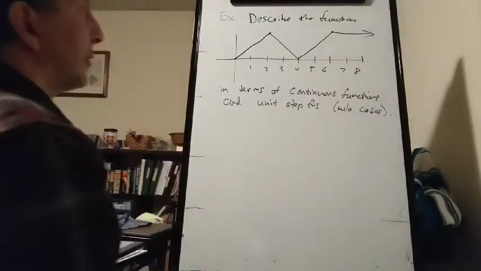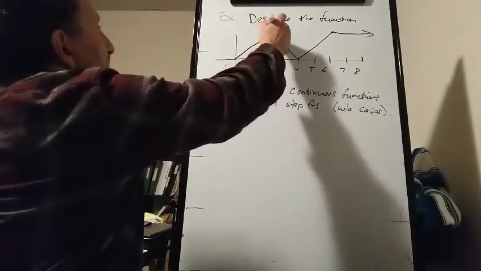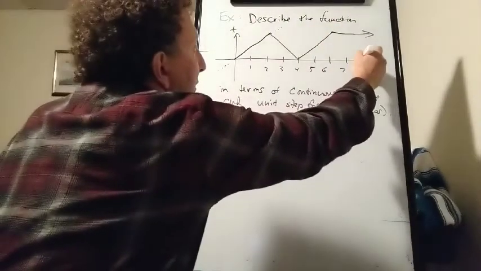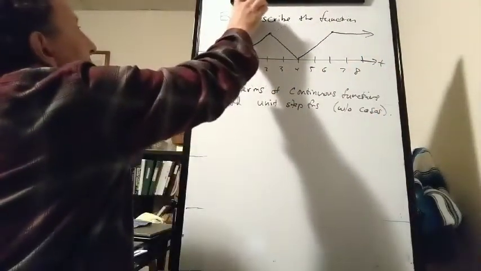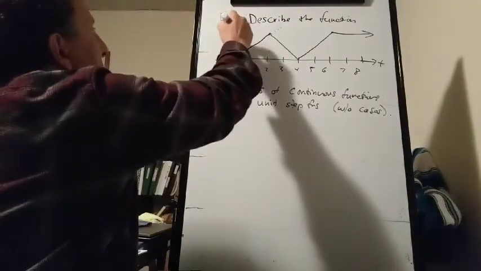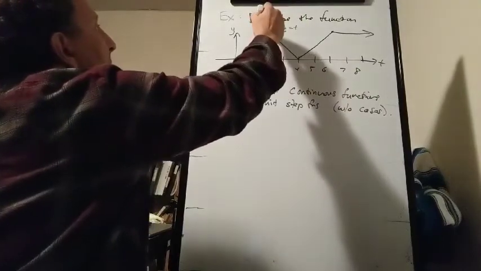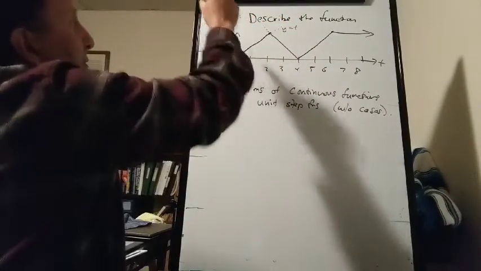So we need to figure out what these lines are here. This first line obviously is y equals t. Sorry, that's y, the y-axis and the t-axis. So this is y equals t, and then this function would hit the y-axis at 0, 4.